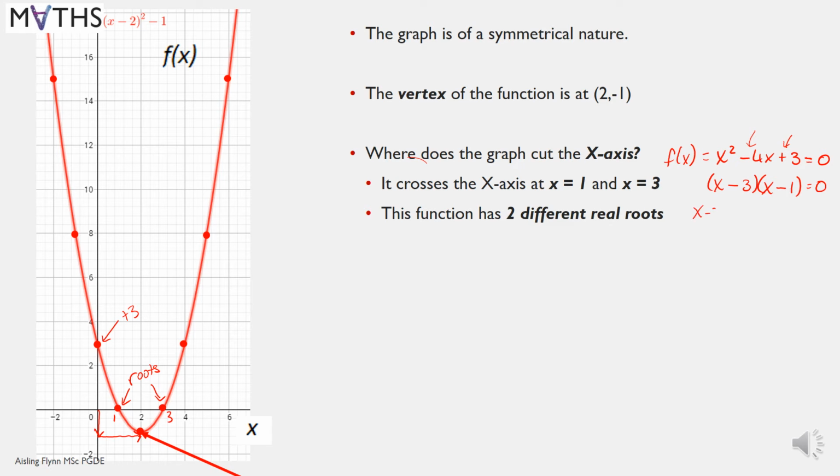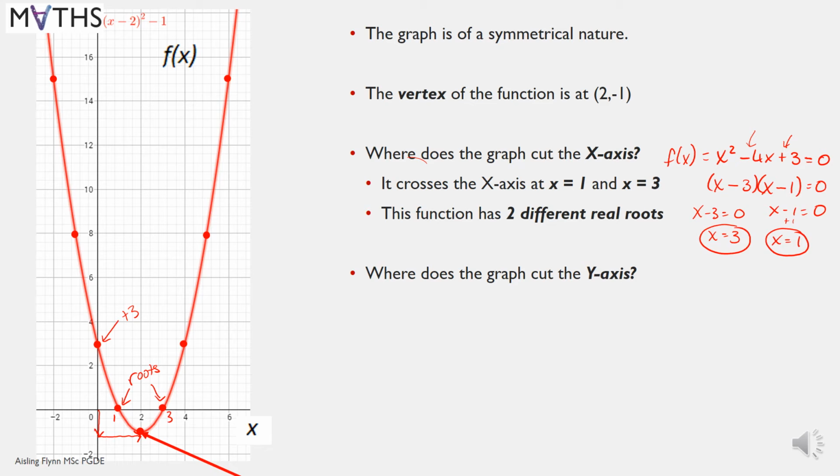The next step is to put each factor equal to 0, and we'll add 3 to both sides to solve here. So x equals 3 is one root, and we'll add 1 to each side here. We'll get x equals plus 1 for the second root, and we can see those on the graph.